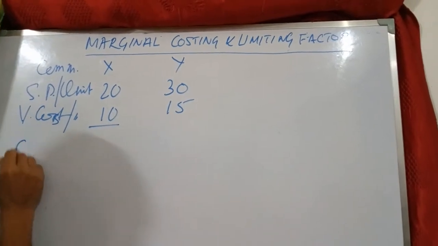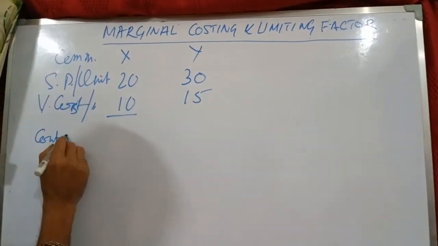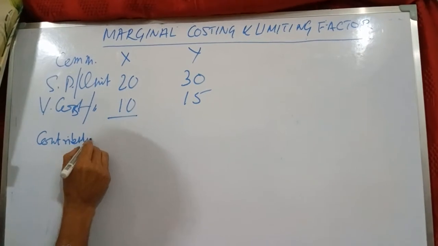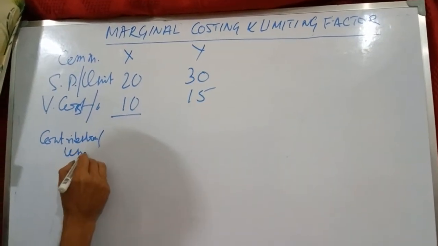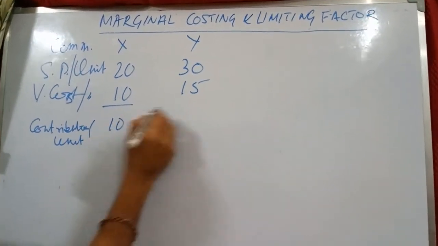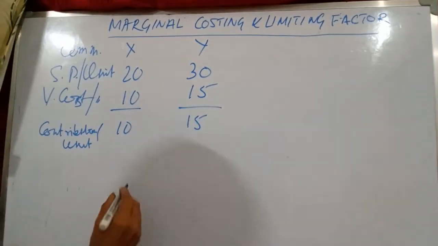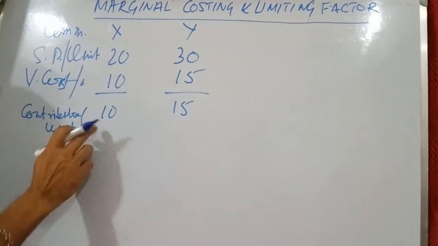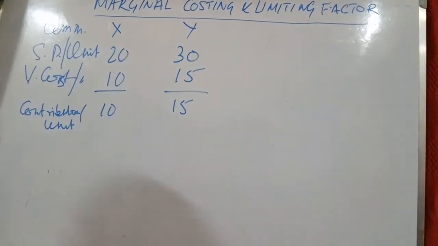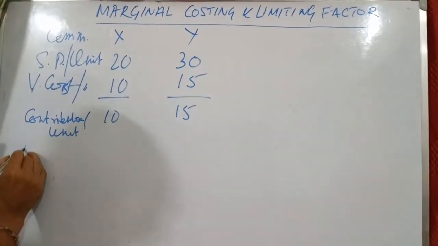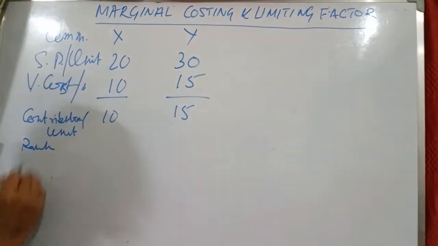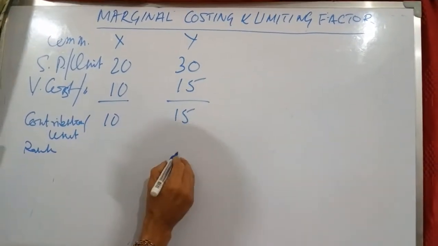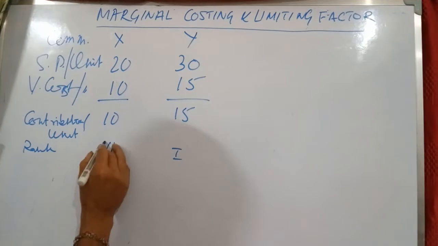So contribution per unit is 10 and 15, that is selling price per unit minus variable cost per unit is contribution per unit. Now if we rank at this stage, then this will rank as first and this will rank as second.